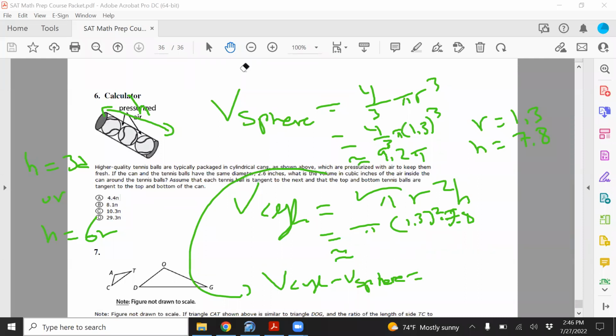And now it's 13. Hold on. Now I'm really confused. 1.3 squared. Yeah, those are in terms of pi. Okay, so let's do it one more time. 1.3 cubed times 4 divided by 3.